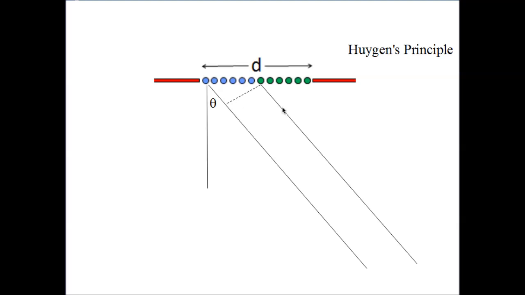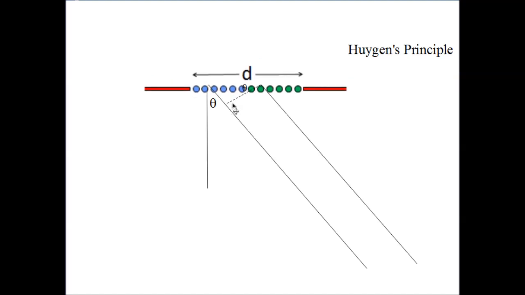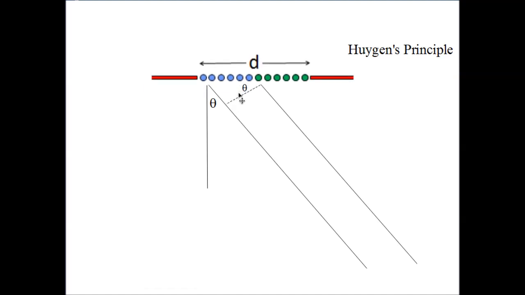But if these two are going to a point that's far enough away, they are parallel lines, and this becomes a right angle here, and so this angle here is also theta.